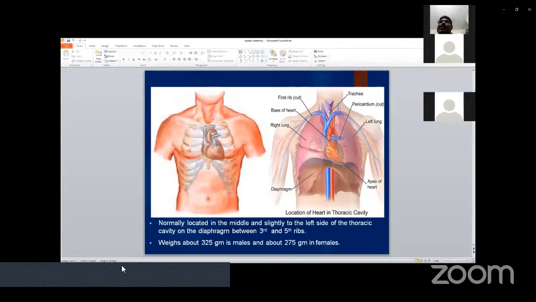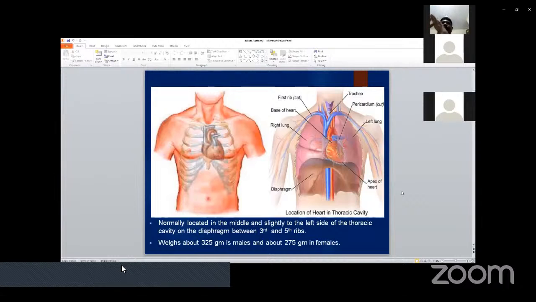There are 12 ribs. It is starting from just below the collar. We can count 1, 2, 3, 4, 5, 6, 7, 8, 9, 10, 11, 12. So from 1 to 12, all the ribs are covering our thoracic region.